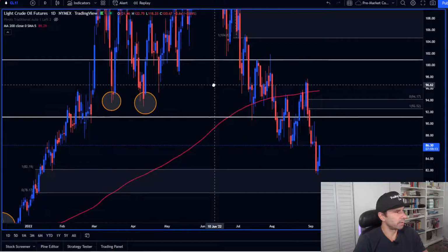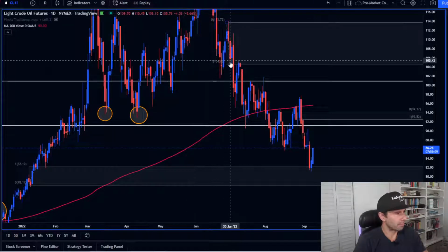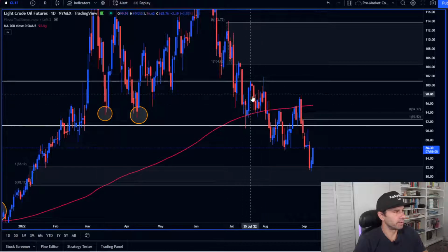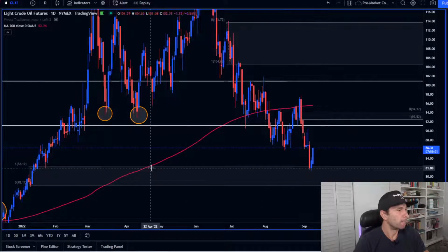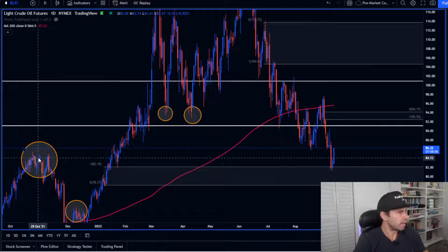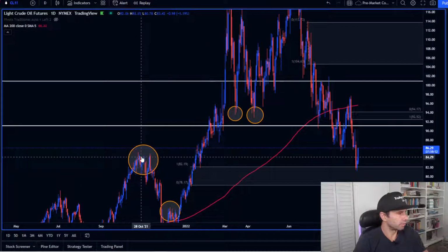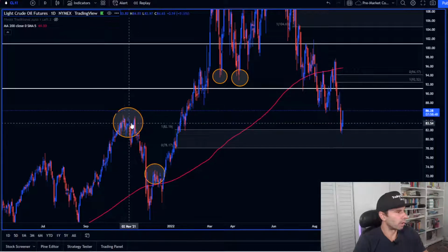I do think that's a possibility. If you see the type of price action on crude oil, it's not collapsing in a couple candles, it's been very, very sideways and a very slow grind to the downside. But I say 80 is a very important number. We do have this pivot that was created here before the war in Ukraine.